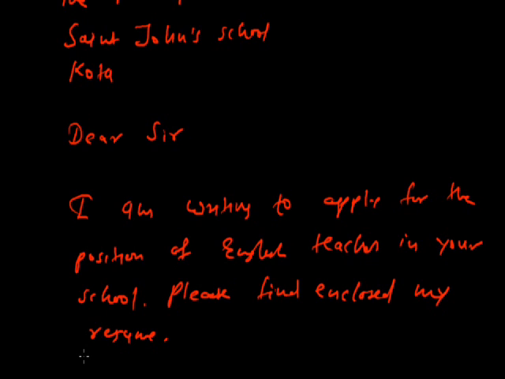Clear? And then because I have introduced the subject, I need to change the paragraph. Now I'll leave a line, and here I'll have to show how worthy of the job I am. Here I have to write what qualifications I have, and what strengths I have, and how I can serve the school competently. So I begin here.